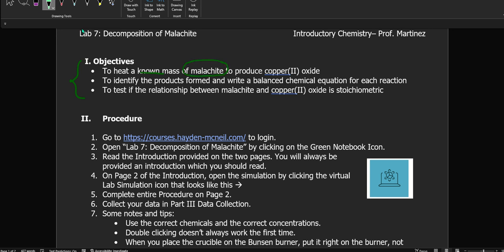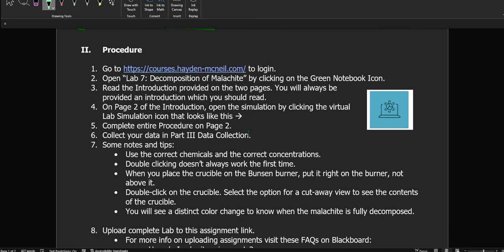It's decomposing into that. So you'll identify the products formed. We actually already have the balanced chemical equation, but you're going to use that. That's going to be part of it to test if the relationship between malachite and copper oxide is in fact stoichiometric. So you will confirm that.